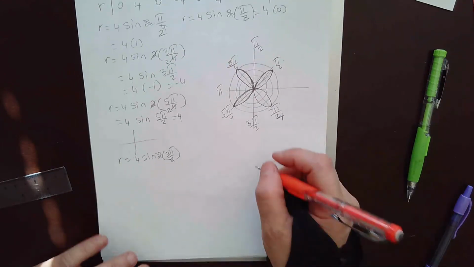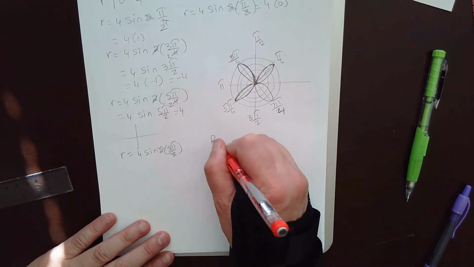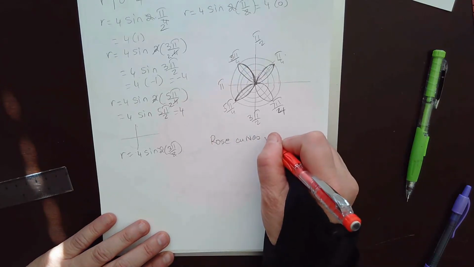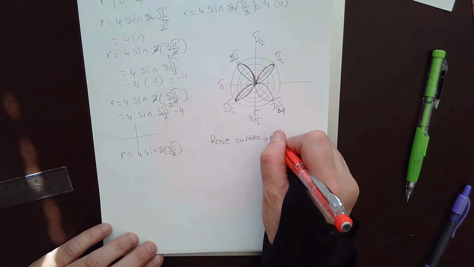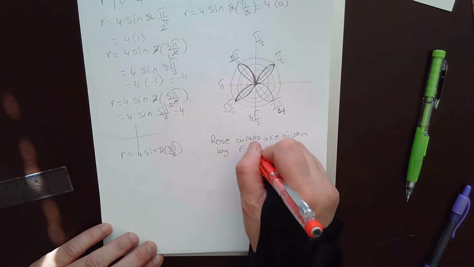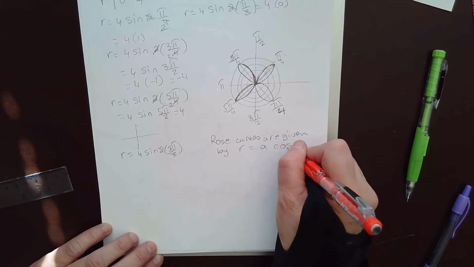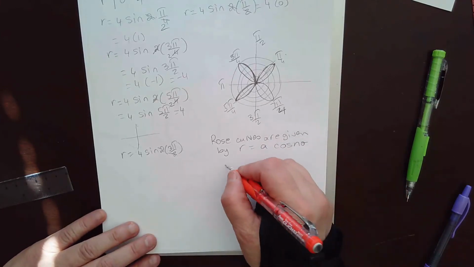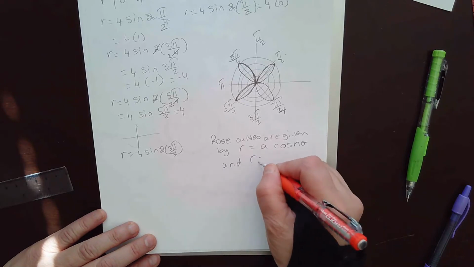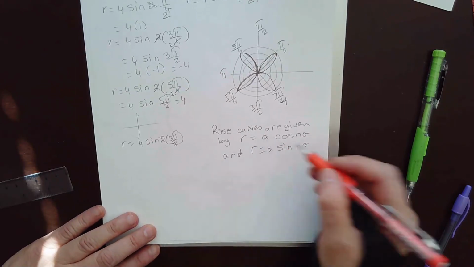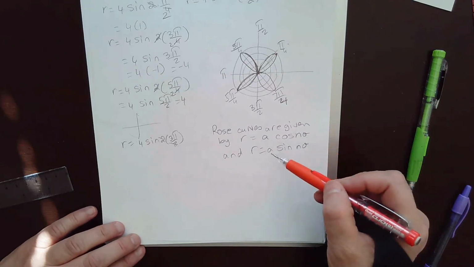Rose curves are given by, you don't need to memorize them, it's good though to know them, r equals a cosine n theta, and r equals a sine n theta.